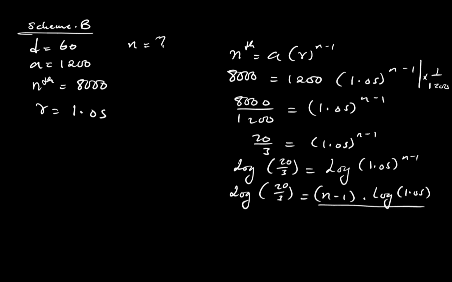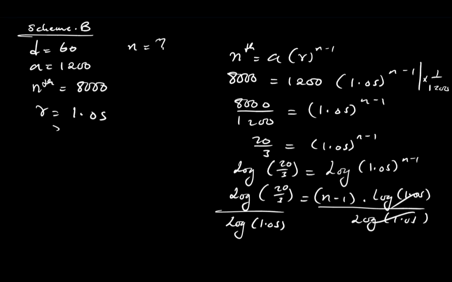Then we can divide throughout by log 1.05. And on the other side, log 1.05 kills that. All right, so this will give us n minus 1 being equal to, now if we compute this portion here, what are we going to end up having?